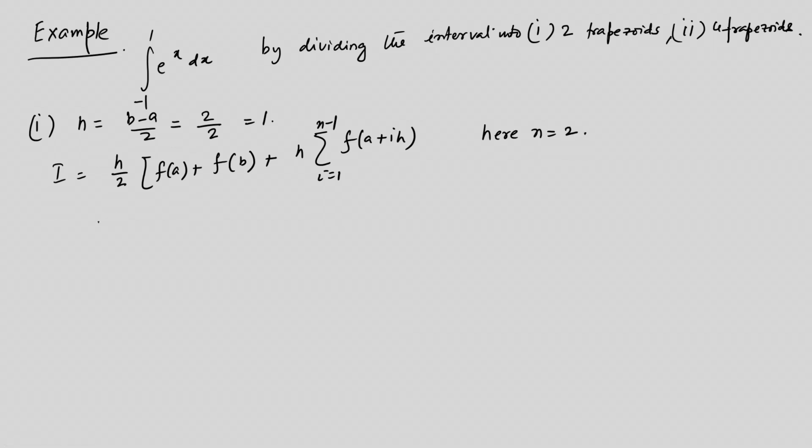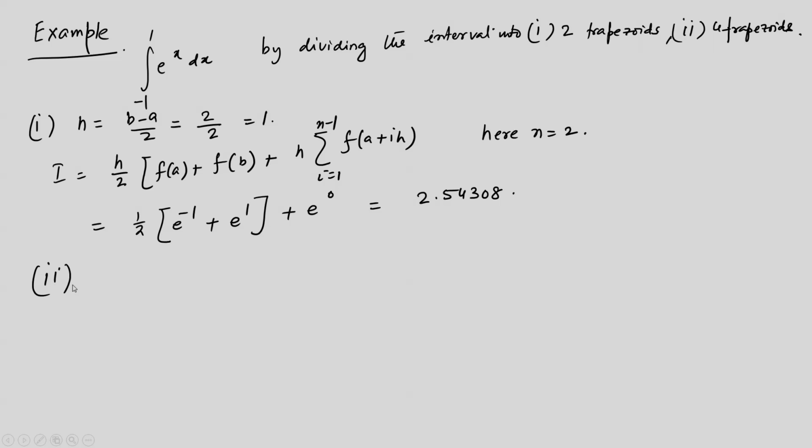Okay. So, this is equal to half exponential minus 1 plus exponential 1 plus exponential 0. If you simplify this, it comes as 2.54308.